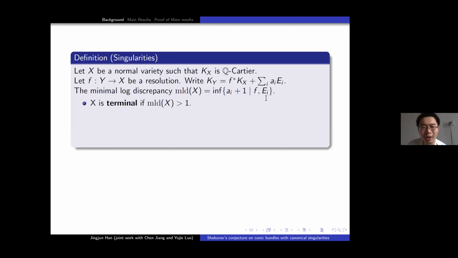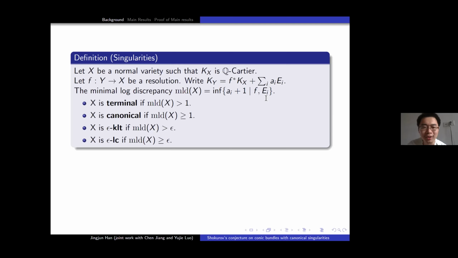We call X terminal if the minimal log discrepancy is larger than 1, and canonical if the minimal log discrepancy of X is larger than or equal to 1. It is epsilon-log terminal if the minimal log discrepancy is strictly larger than epsilon, and if it is epsilon-log canonical, then the minimal log discrepancy is larger than or equal to epsilon.